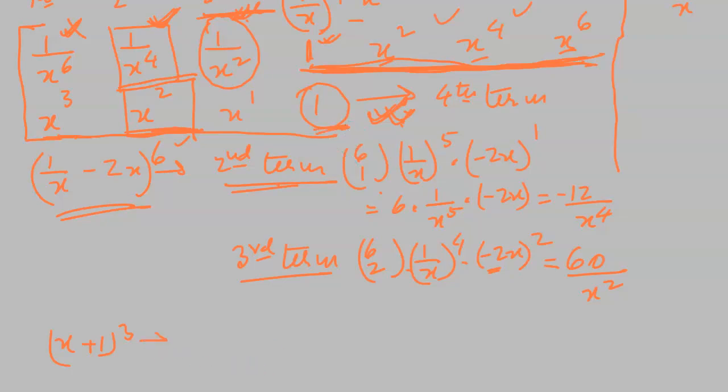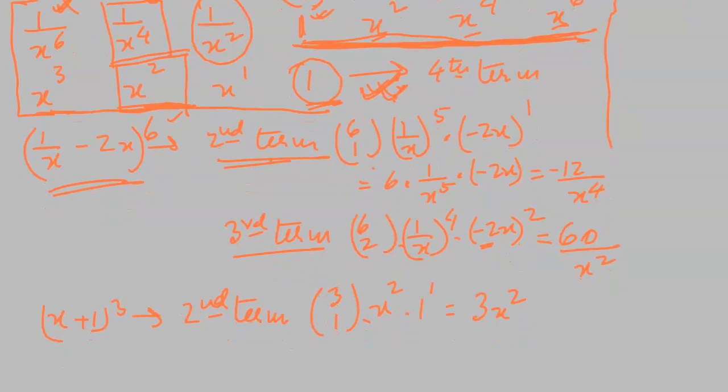So, what will be the second term? Second term will be 3c1 x squared and 1 to the power of 1. And 3c1 is equal to 3, so it is 3x squared.